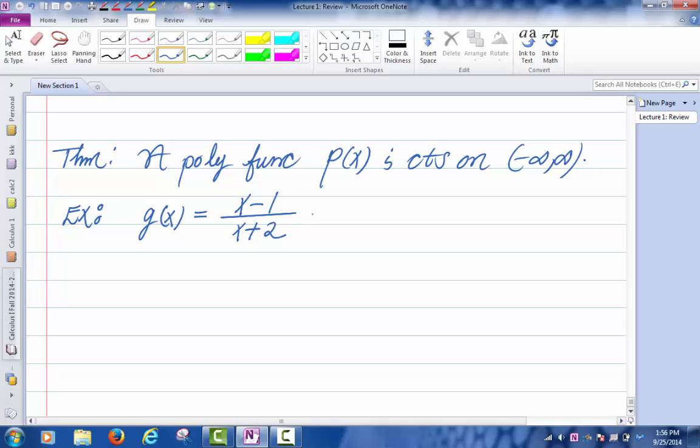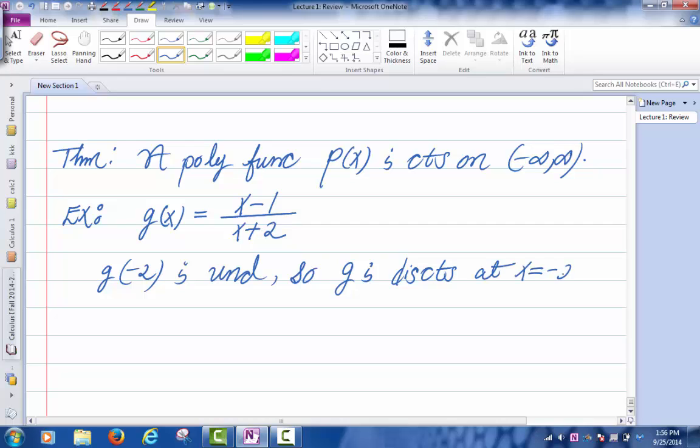Well, first of all, g of negative 2 is undefined, right? So g is discontinuous at negative 2.